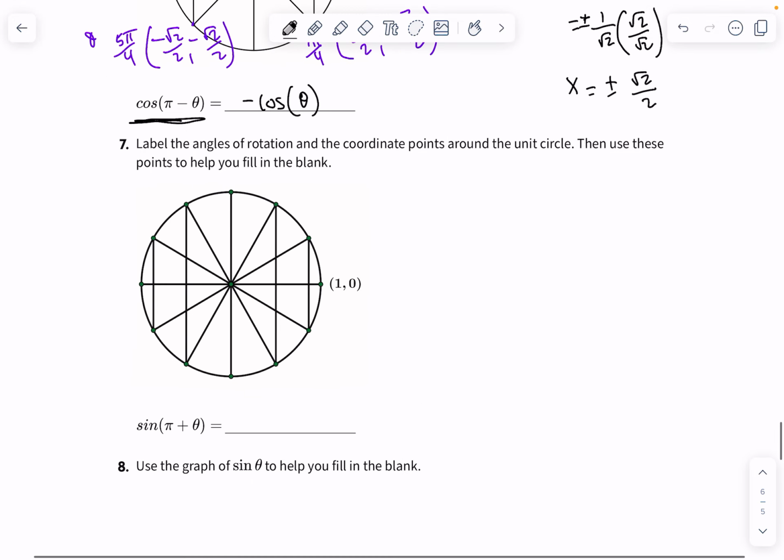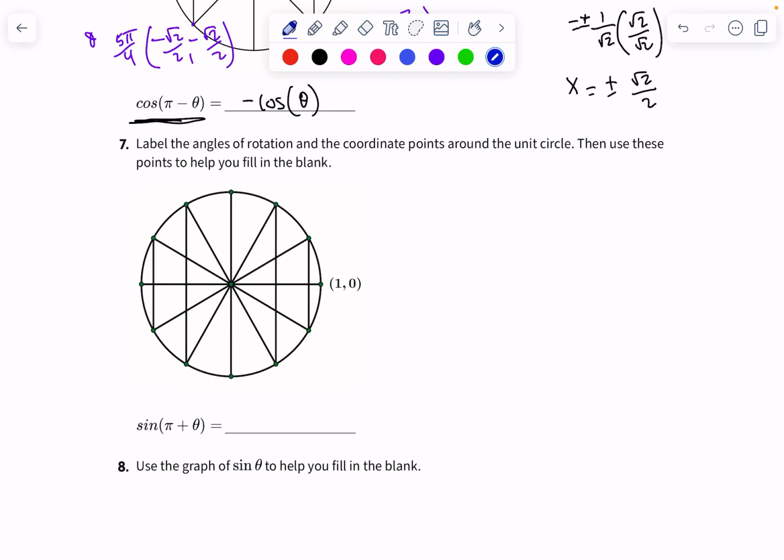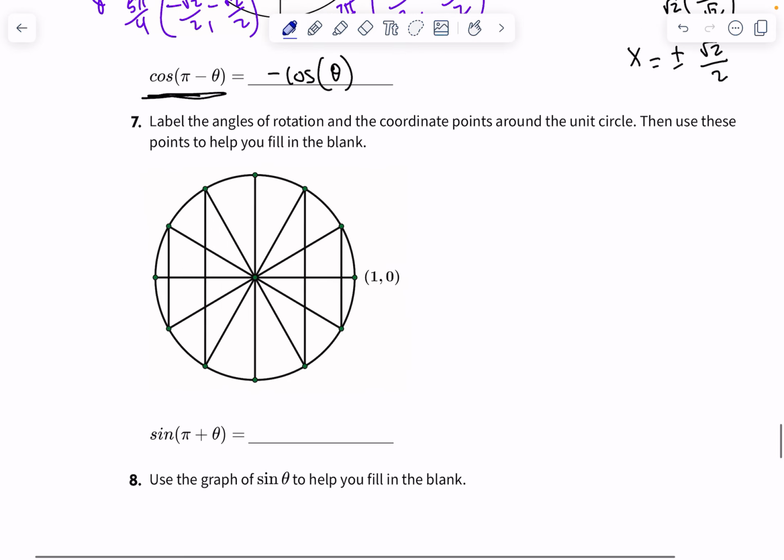Okay, let's talk about 6. Let's label this, okay? I'm not going to label the angles per se, but we know here we are at square root 3 over 2, comma 1/2. Over here it would be where?